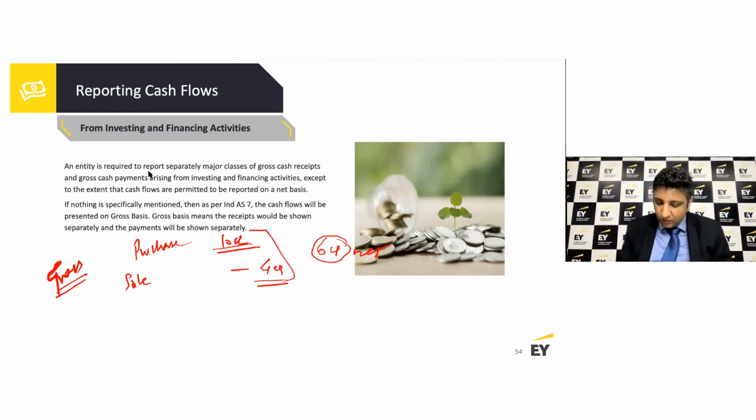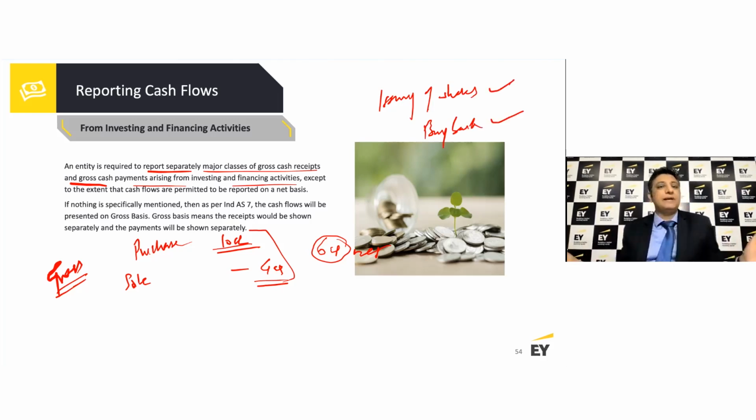An entity is required to report separately any major classes of gross cash receipts and payments from investing and financing activities. You would do it even for your financing activities. If you are issuing shares versus there is also a buyback in the same period, you report this and this separately.